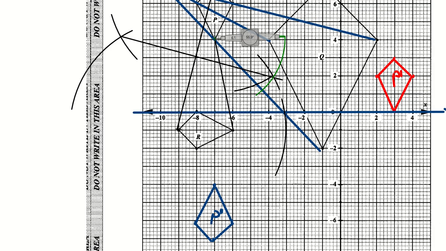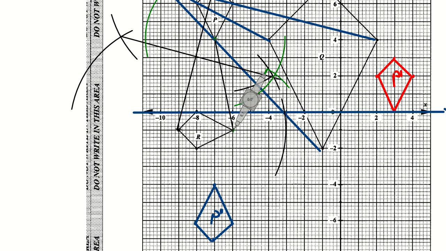One here, and then one on the next side. And you do the same thing with this one here. It intersects here.